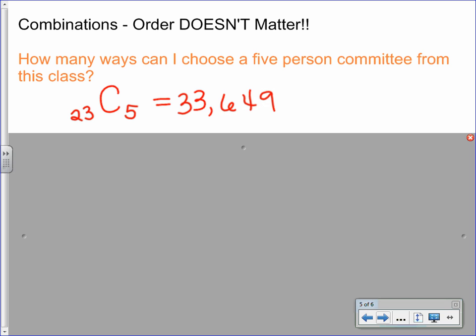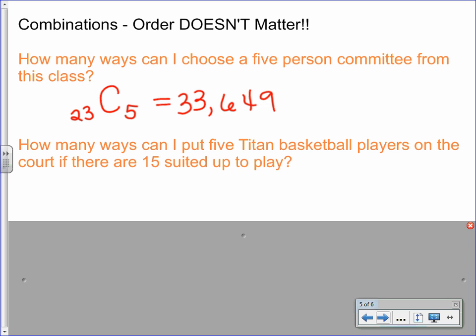What is it? It's higher, okay? Because if I have 5 people that make my committee, when I say order matters, the order of those 5 people gives me more options. Right? Okay.